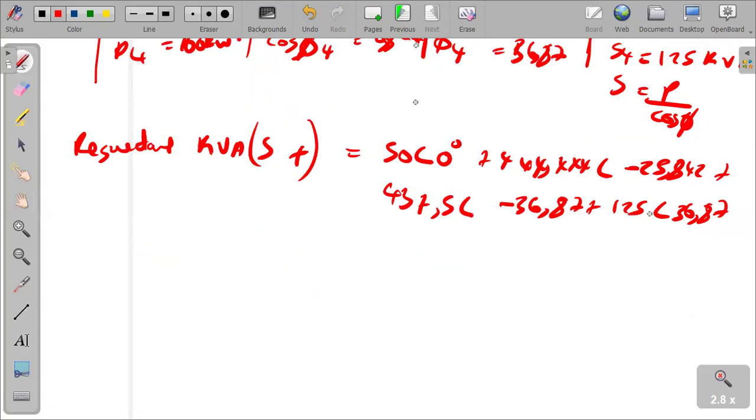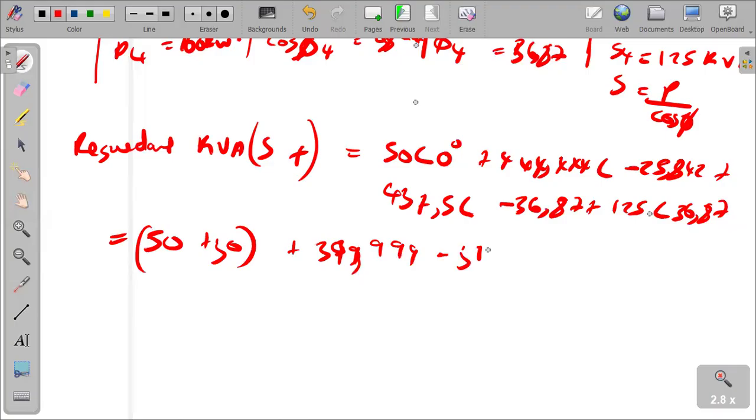There we are, which means we convert one by one to rectangular. 50 angle 0 is 50 plus j0, plus 399.999 minus j193.729. The other one, the third, is 437.5 angle of negative 36.87.